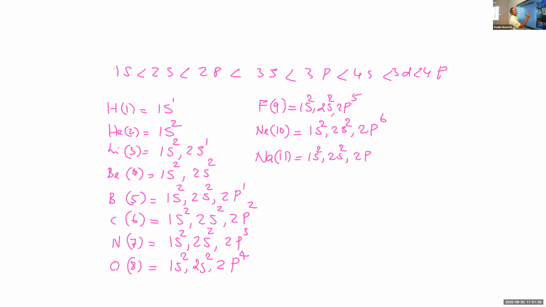Let us try to write the electronic configuration of chromium with atomic number 24. There are 24 electrons. You follow the Aufbau principle, then the configuration will be, Vidur, you can help me now. 1s2, 2s2, 2p6, 3s2, 3p6, 4s2, 3d4.